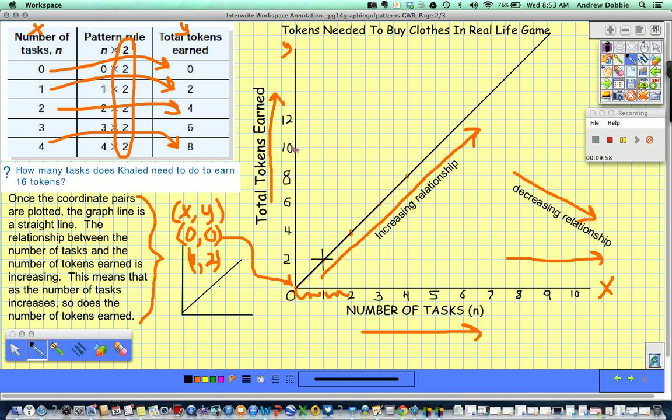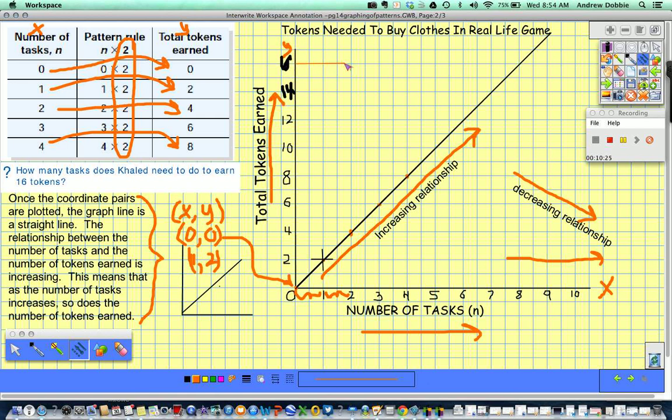Well, on the tokens y-axis, our scale only goes up to 12. We need to continue to add. So they're counting by 2's. So 12, and we've got 14, and then the next one is 16. So the 16 line, that's going to be the line that tells us how many tasks he has to do.